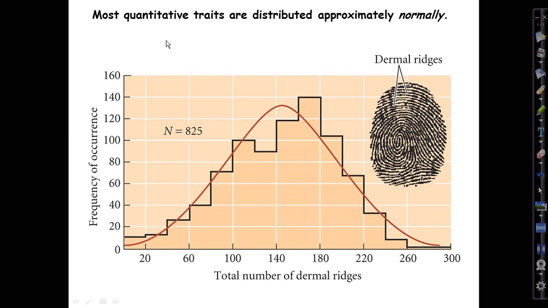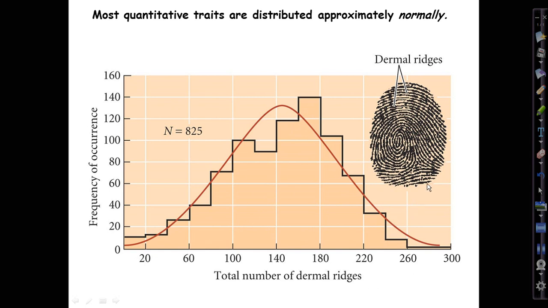Most quantitative traits end up being distributed approximately normally if we have a large enough sample. Sometimes a transformation like taking a square root or a logarithm helps to make them more normal, but often they're pretty normal just as is, as raw counts.